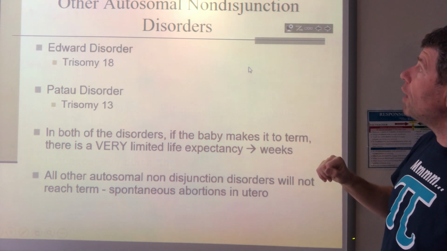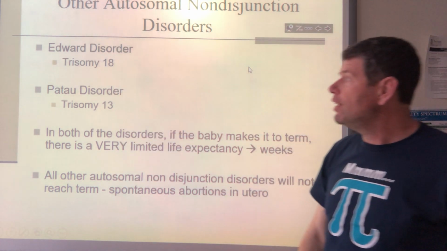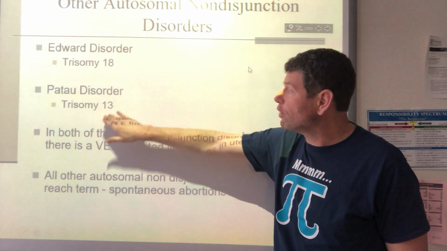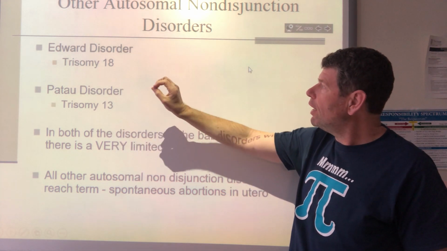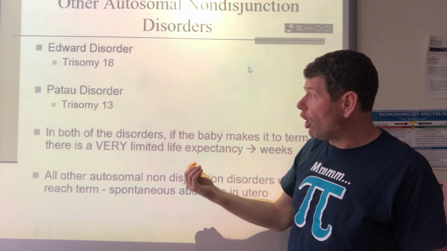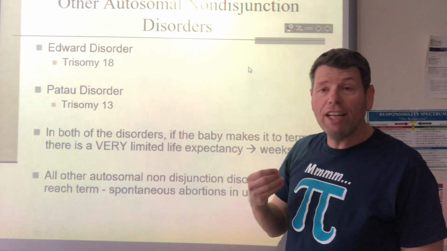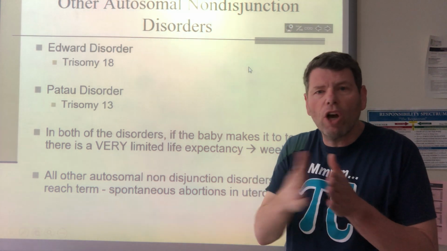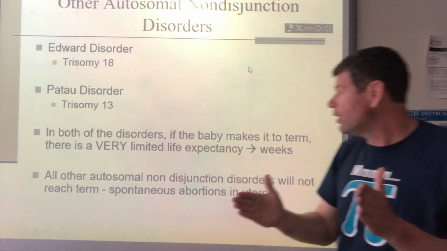Other autosomal non-disjunction disorders: trisomy 18, so having an extra 18th chromosome, or trisomy 13, an extra 13 chromosome. Now these problems are quite significant, and usually an individual might not even be born or not live very long shortly after birth, because these are significant chromosomal problems, all right?